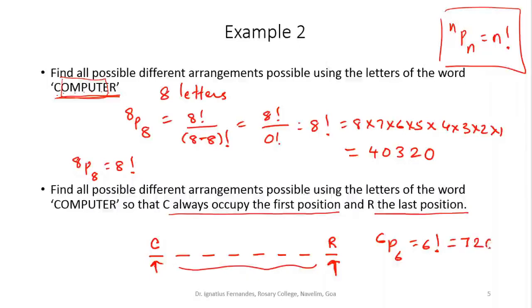So it's the same question with some conditions that I put. Accordingly, this is how I have to arrange those remaining letters in these 6 positions. So it is same as saying arranging those 6 letters in any number of ways. So it is 6 factorial, which is 720.